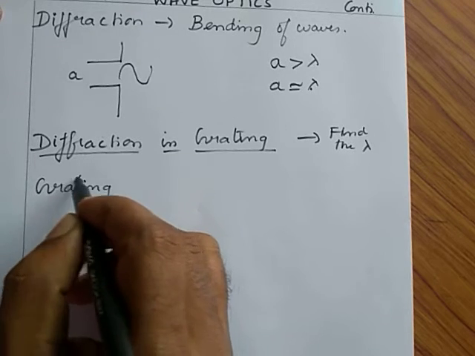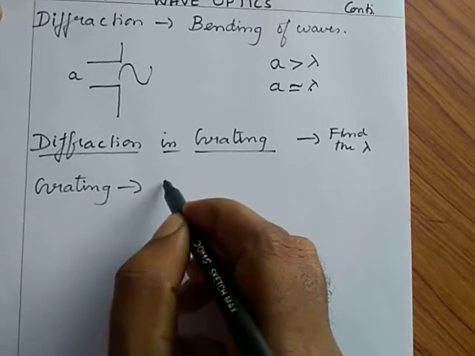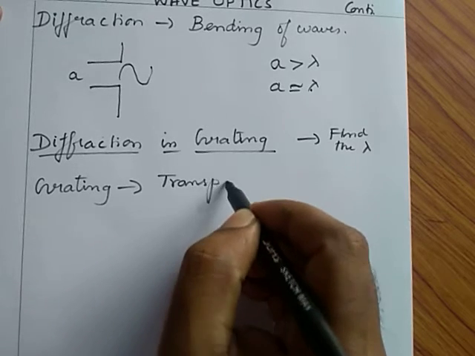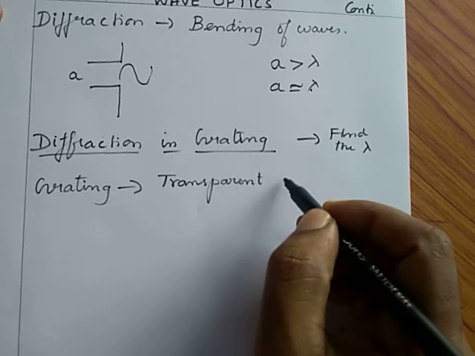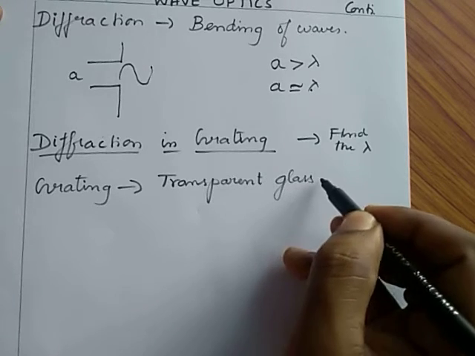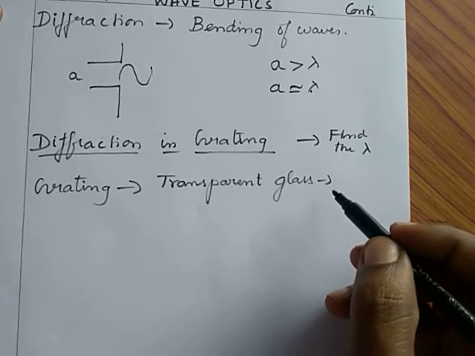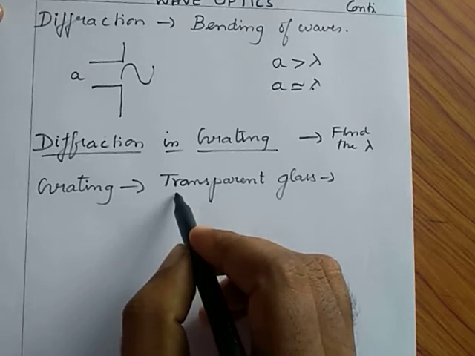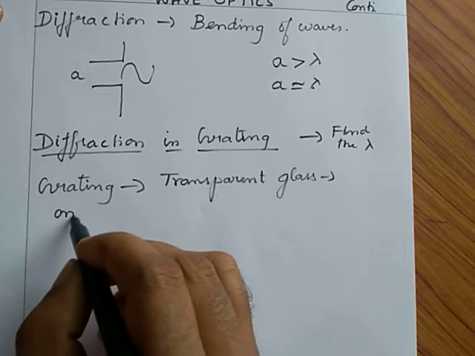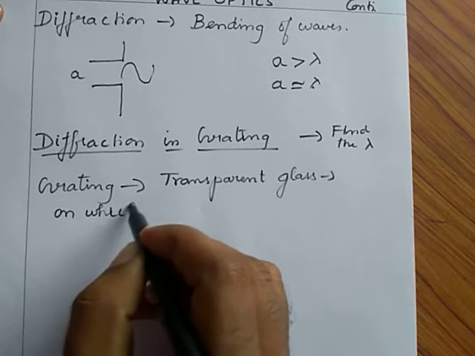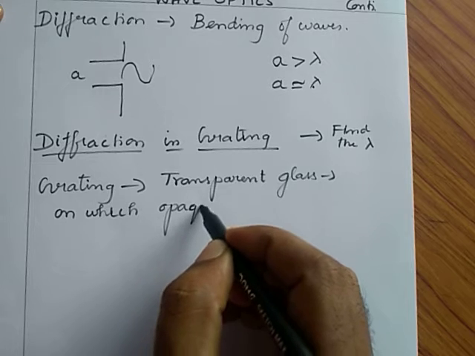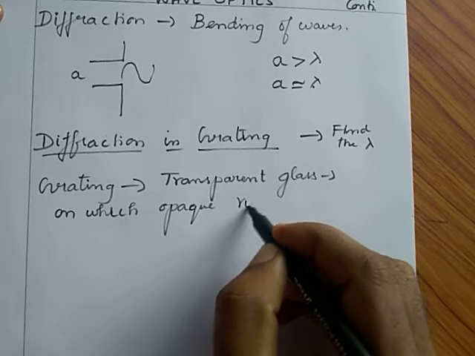A grating has multiple slits. It is nothing but a transparent glass on which opaque rulings are drawn.